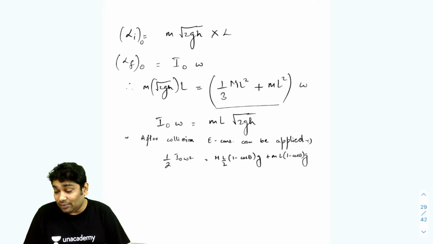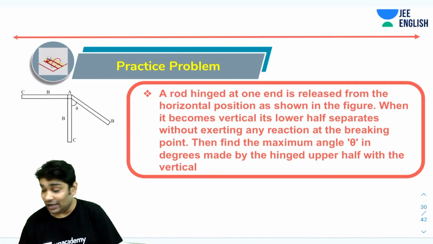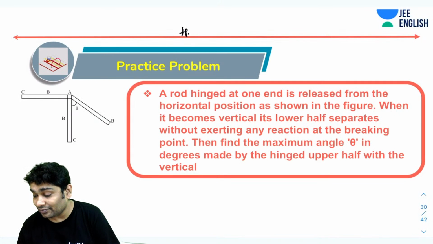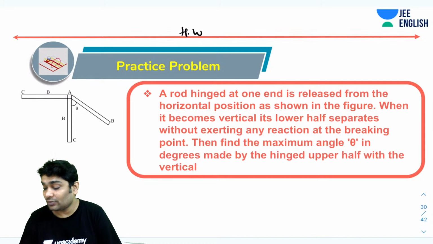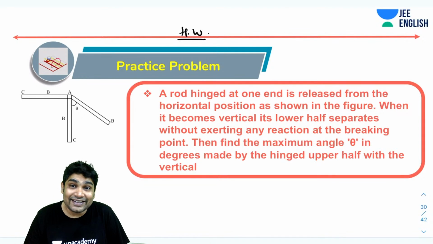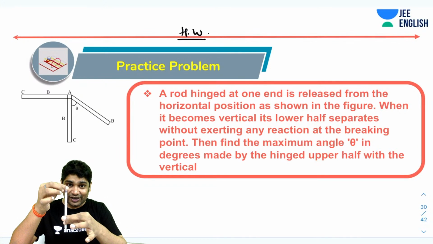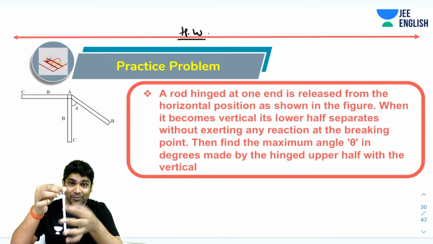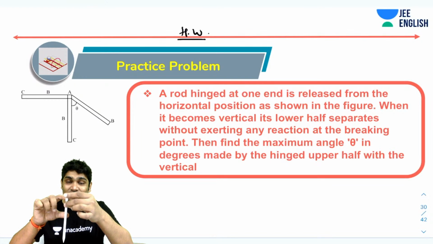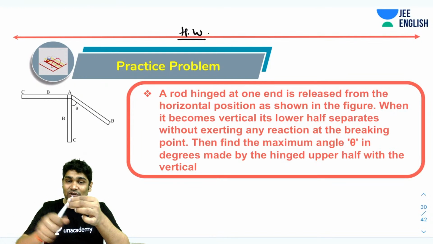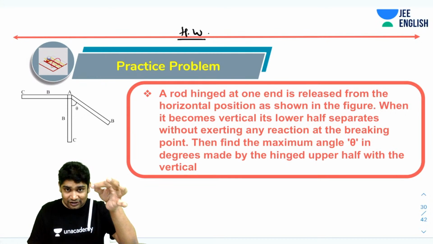Now here is another problem, which I give to you as your homework problem. A rod is hinged at one point and is released from a horizontal position, like this. The moment it becomes vertical, the lower half breaks off and falls down.